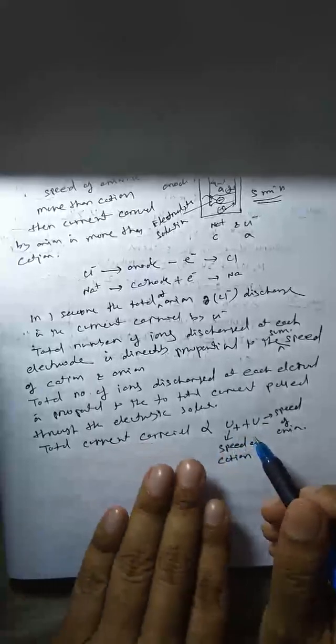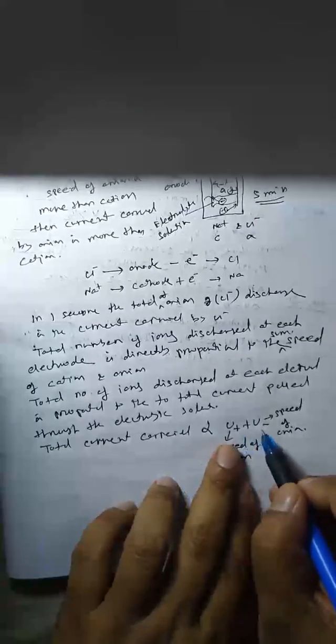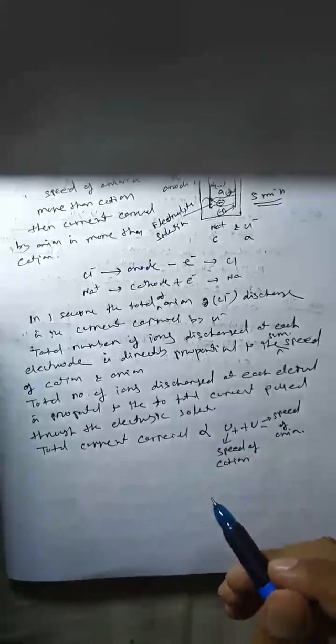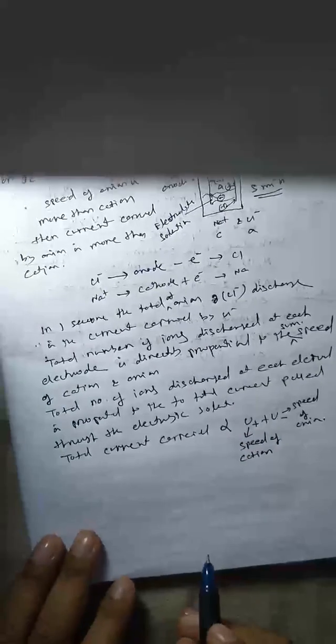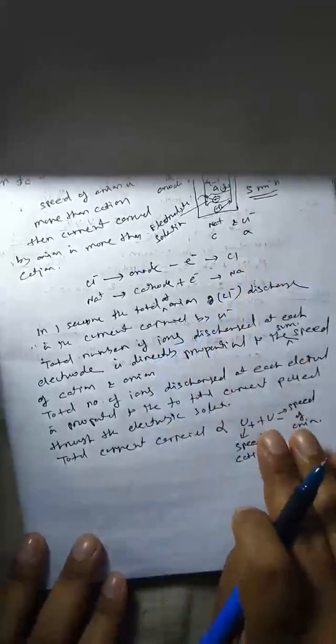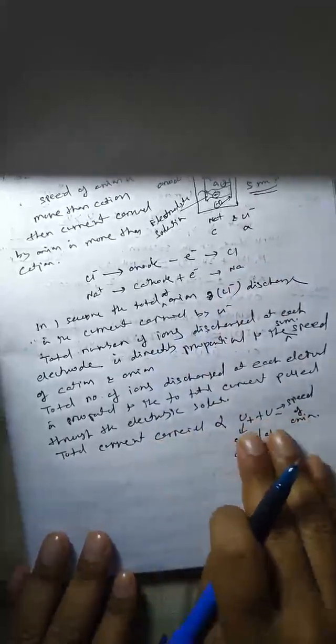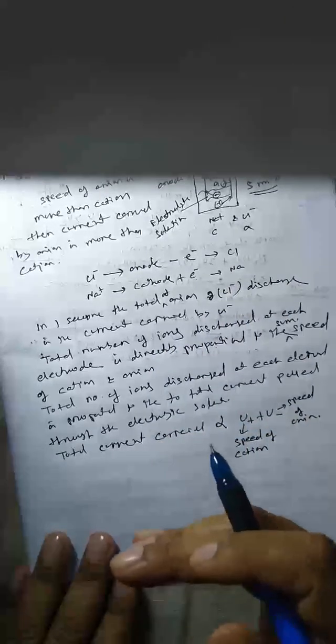So the total current carried is directly proportional to the sum of the speed of the cation and anion. This current carried depends upon the speed of the cation and the speed of the anion. If the speed is more, the current carried is also more.